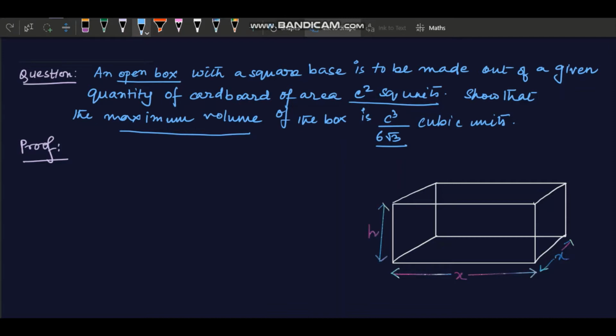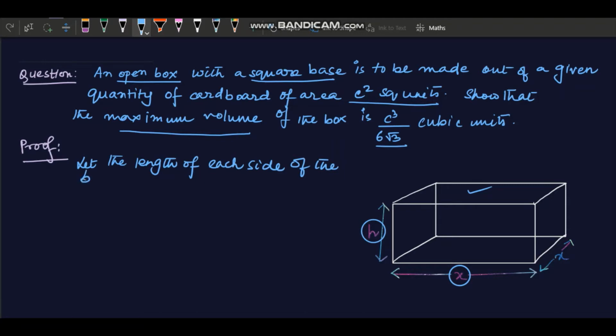It means that it is open at the top and it has a square base. That means the length and breadth of the box is same. So let us assume the length of each side of the base of the box to be x units.